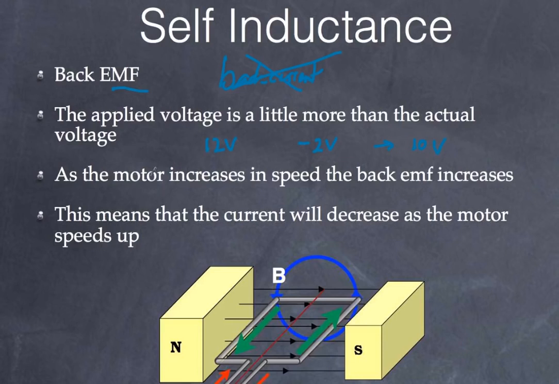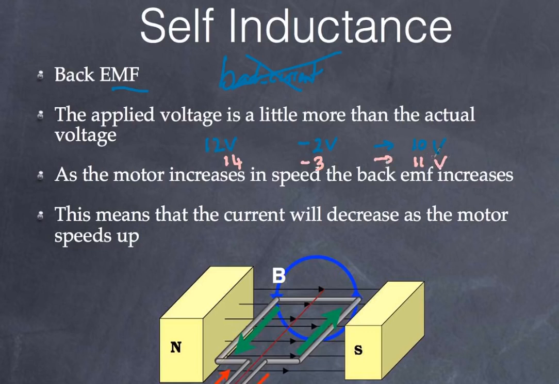Now, obviously the faster the motor goes, and that's increased by increasing the voltage, because increasing voltage increases current, and increasing current increases the motor effect, the rate of change of flux changes, and so the back EMF may increase as well. So you may go to 14 volts, but then you get minus 3, and that leads to maybe an 11 volt overall net voltage.